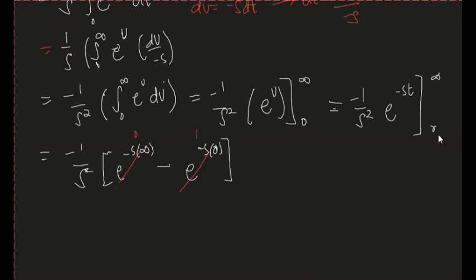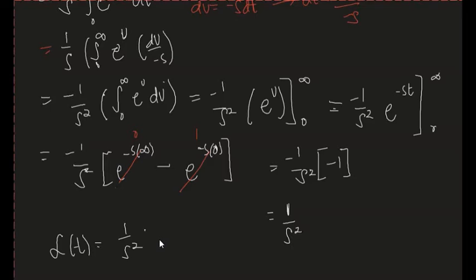So, we will have the final answer, which is equal to negative 1 over s squared multiplied by 0 minus 1, which is equal to negative 1. Okay, so this is s squared. So this is equal to negative 1 times negative 1, which is 1 over s squared. So the Laplace transform of t is equal to 1 over s squared. So that is the Laplace transform of the given function t.